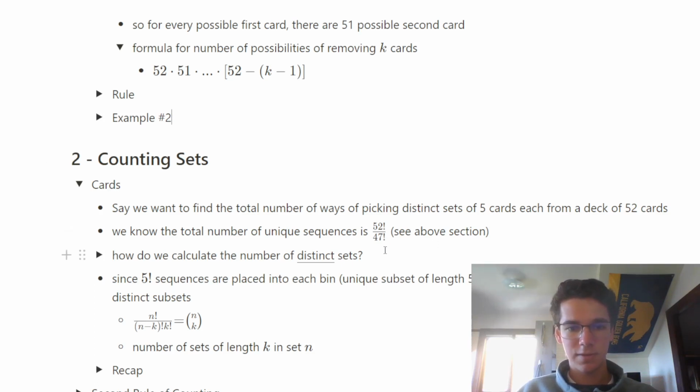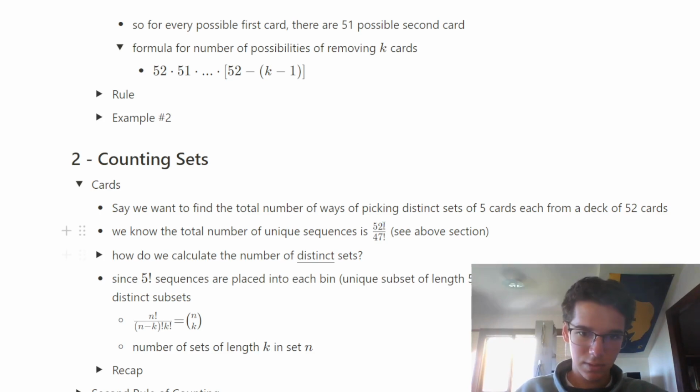If we think of K as 3, we want 52 times 51 times 50, and that means we would have to divide out 49 factorial. I believe I did that right.